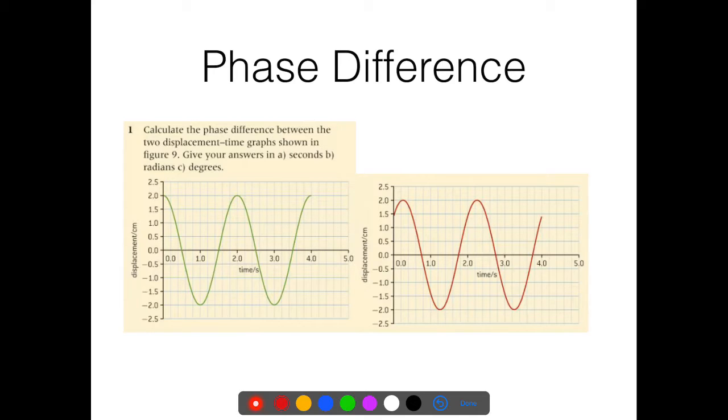All right, so looking at the wave, I guess we should probably double check, make sure these are actually the same wave. You can see that it goes from 2 down to negative 2, and that's the case for both of these. This one has a period starting at 0, and the period takes 2 seconds. It goes from the top down to the bottom, back to the top again.